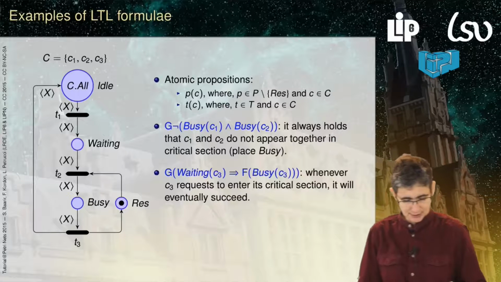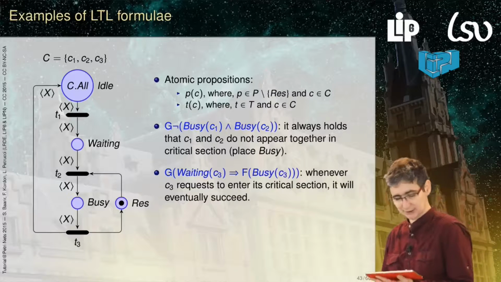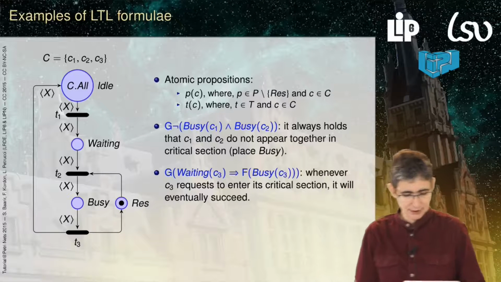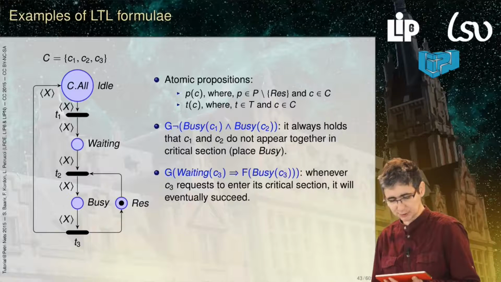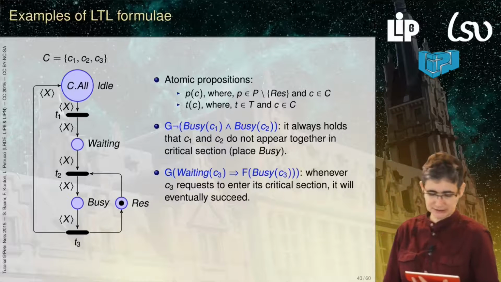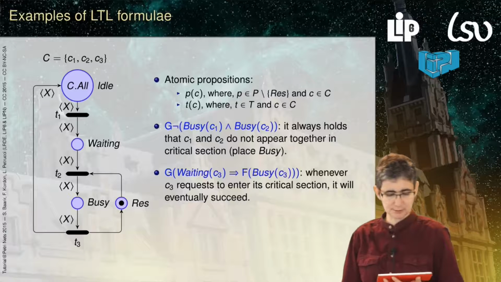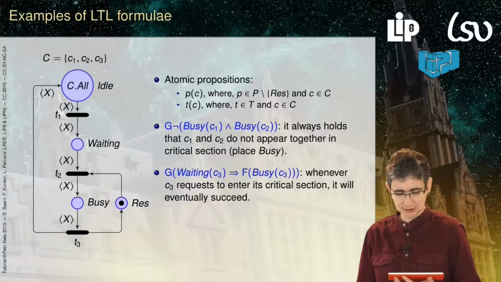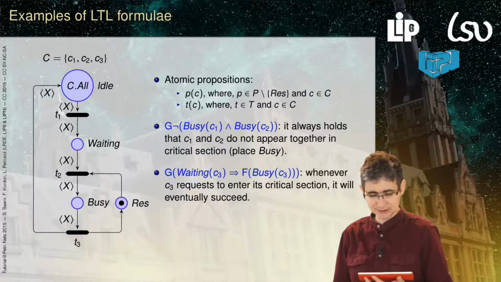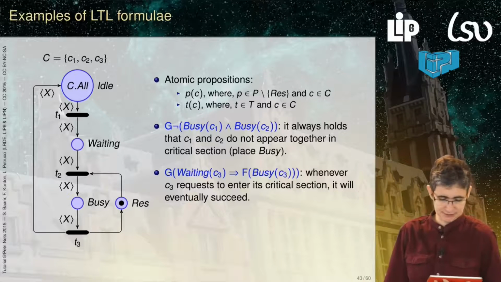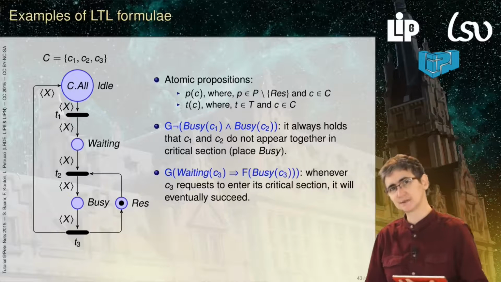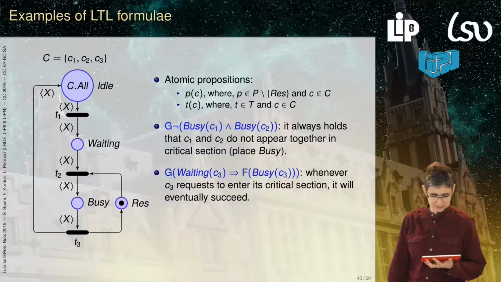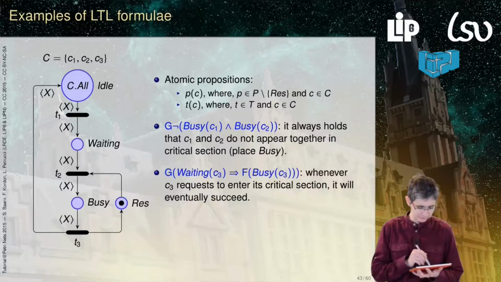As concerns symmetric nets, let's take again the basic example. We'll have the atomic propositions P of C and T of C. P of C means that place P contains token C, and T of C will mean that I can find transition T with color C. Let's see two examples of formulas.